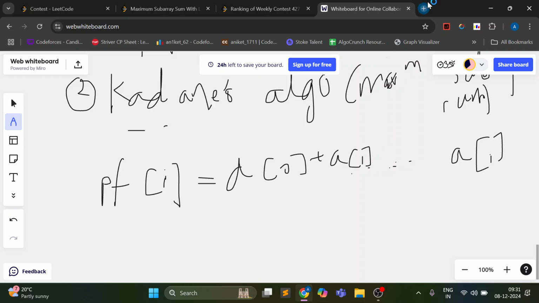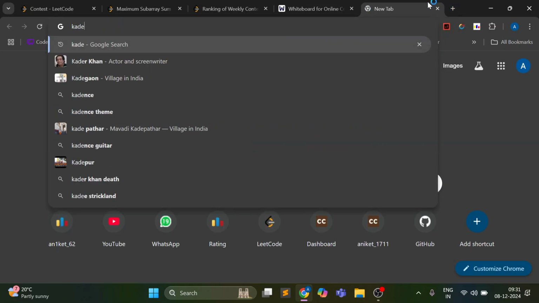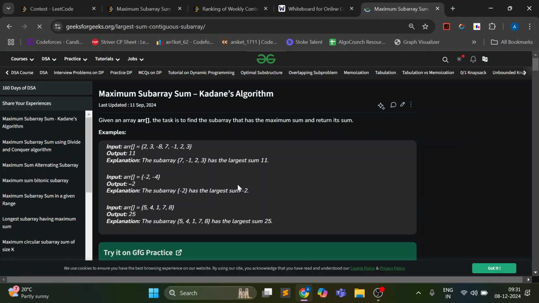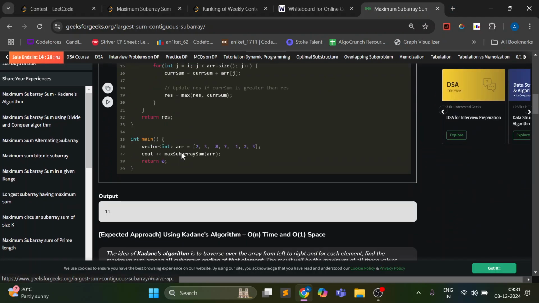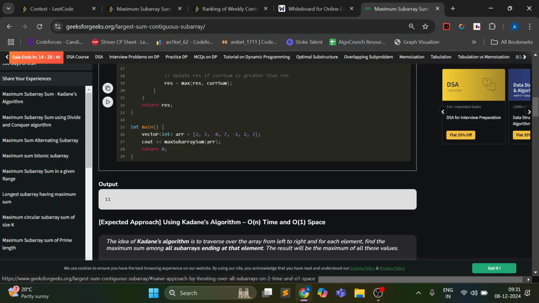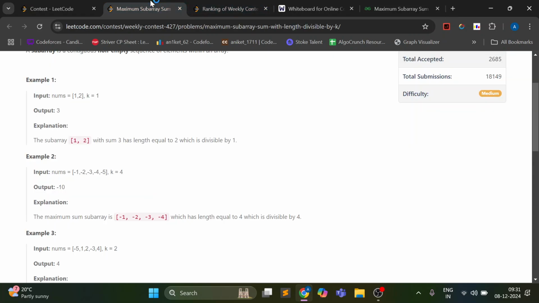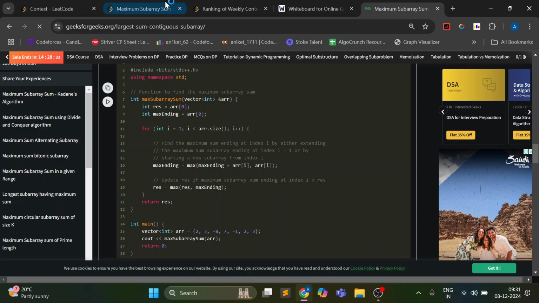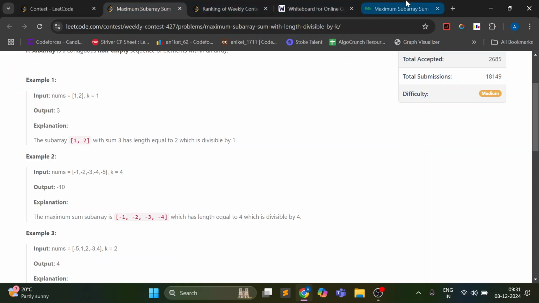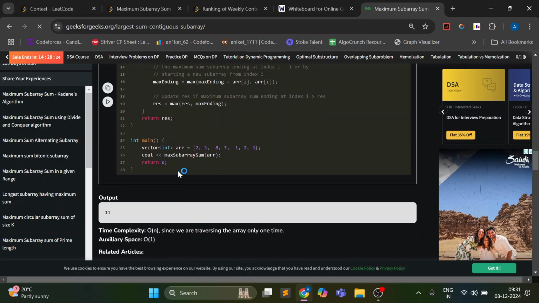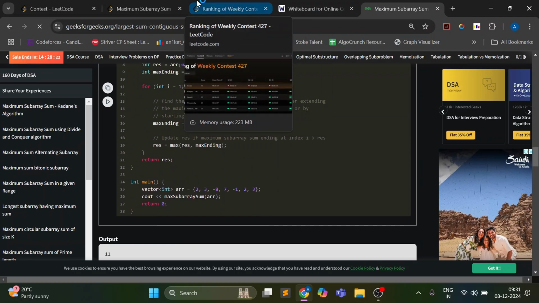Now, if you want to learn about Kadane's algorithm, you can go through this GFG article. I won't explain it here. I will explain what variation of this algorithm is in the question. But you can go through this article and try to understand what Kadane's algorithm is.